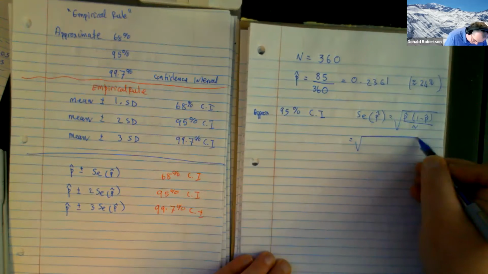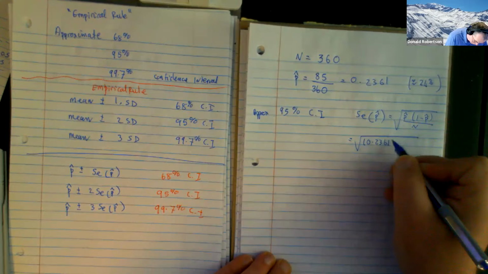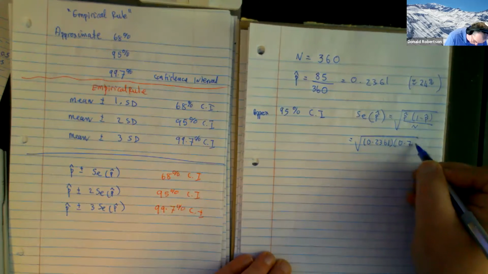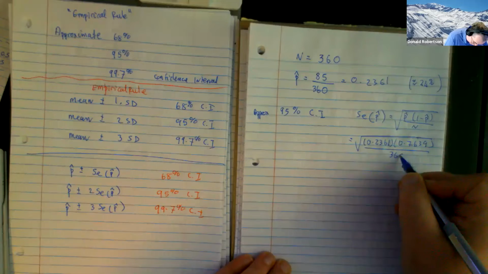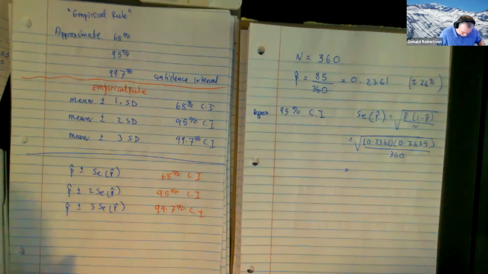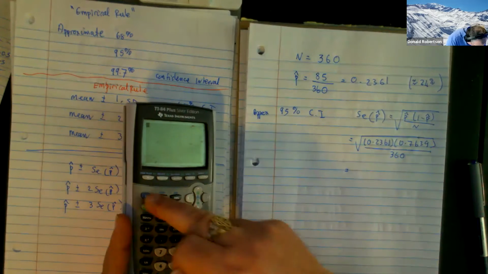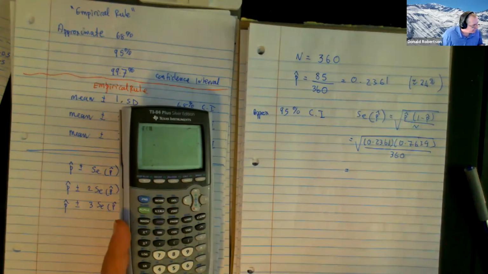That's going to be 0.2361, take that away from 1, you get 0.7639. Okay, I can handle that. All over 360, and square root. Well, let's assume that they want the answer to 2 decimal places.